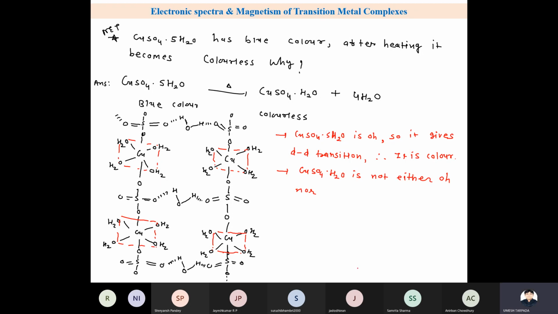It is not either octahedral or tetrahedral. So it does not give dd transitions, and therefore it is colorless.